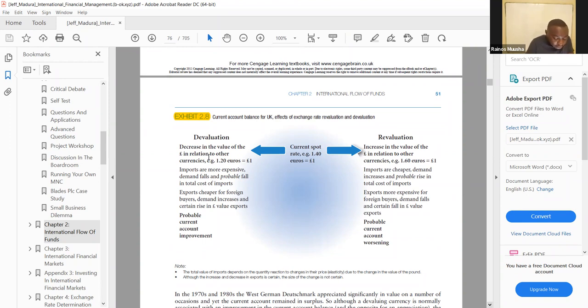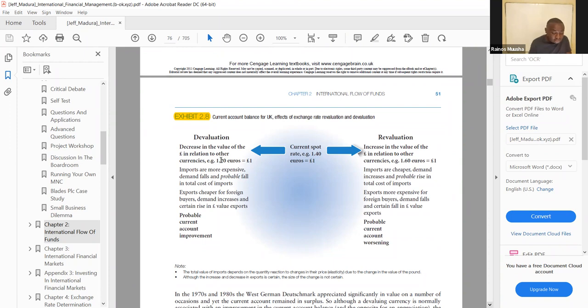It means imports are more expensive, demand falls, and there is a probable fall in the total cost of imports. Initially, with £1, we were able to get goods and services worth 1.4 euros. But now with the same pound, we only get goods and services worth 1.2 euros.